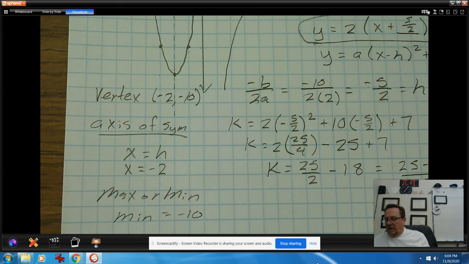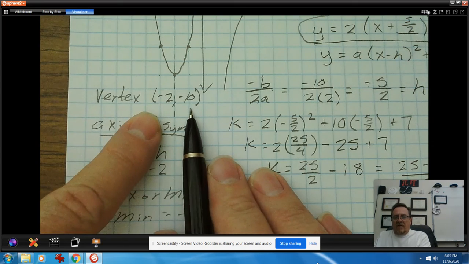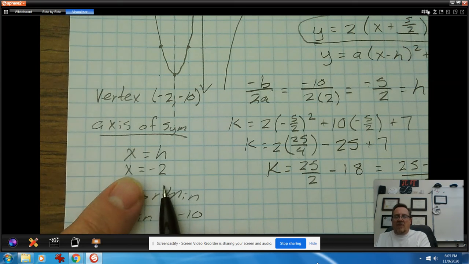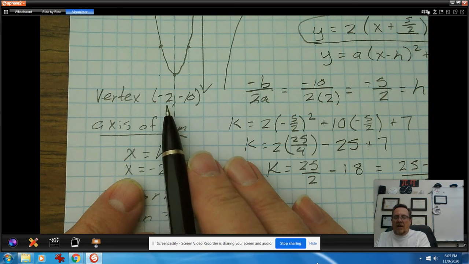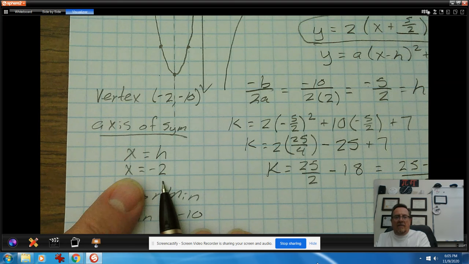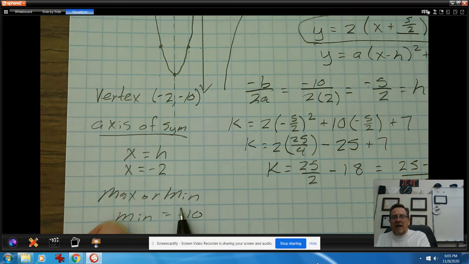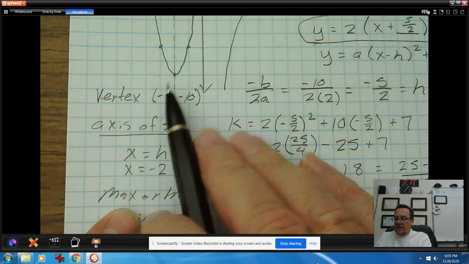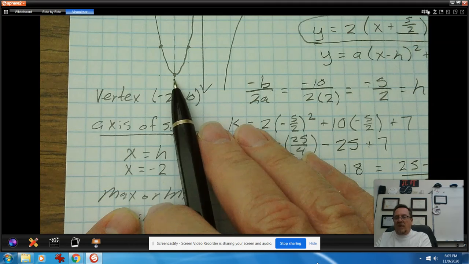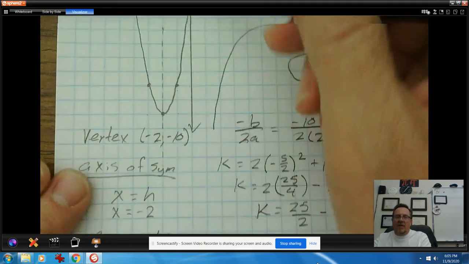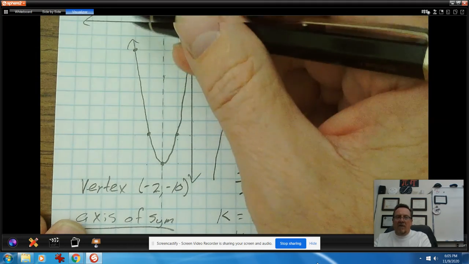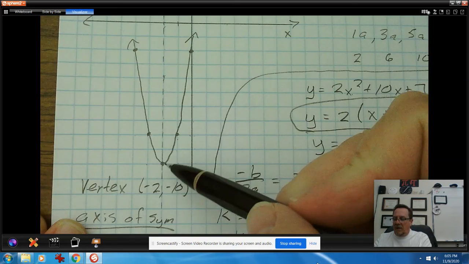Thought I'd better cover that real quick. They're pretty straightforward things, but you might be asked, what's the vertex? What's the axis of symmetry? The axis of symmetry is always the equation x equals h. Just fill in your h value. In this case, h was -2. Then you might be asked for a maximum or minimum value, and that's going to be the y value, or the k, because that's where the lowest or highest point is. If your parabola opens upward, there is no maximum value, but there will be a minimum value.